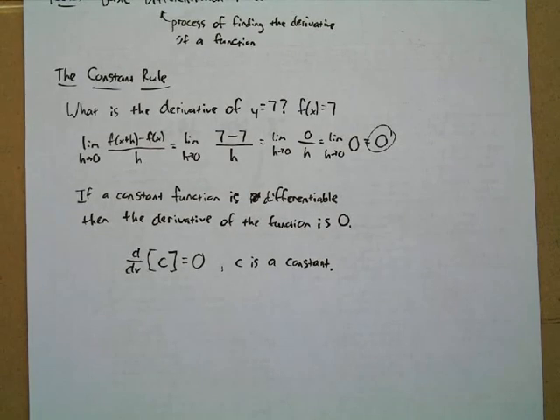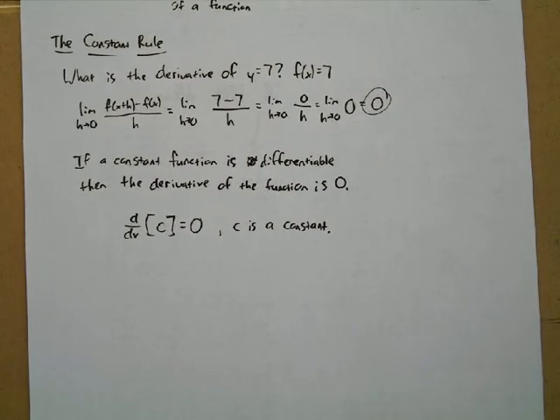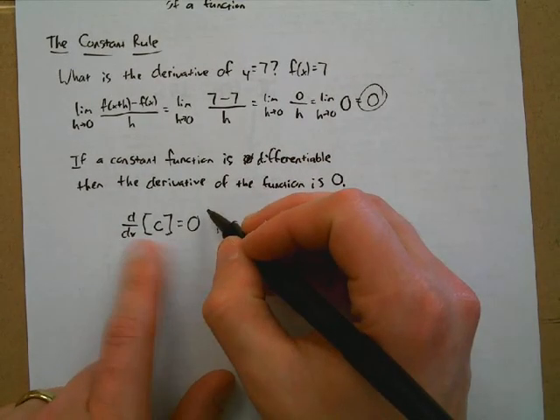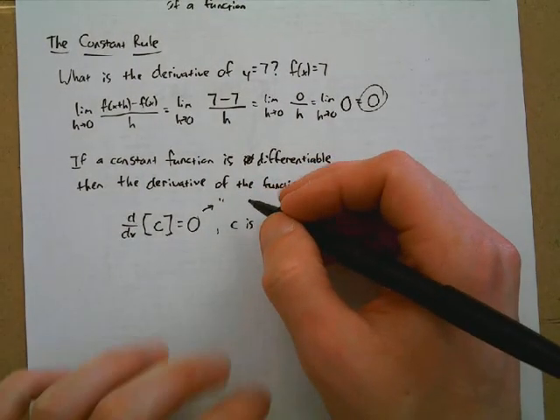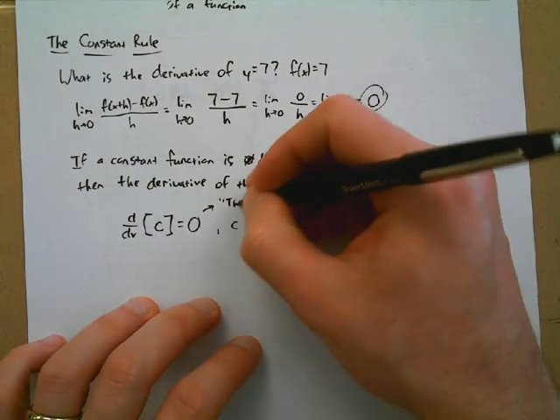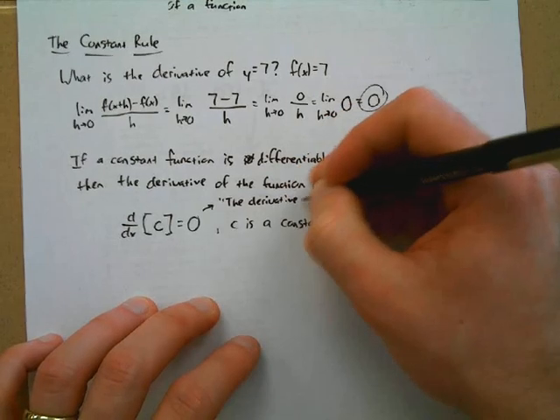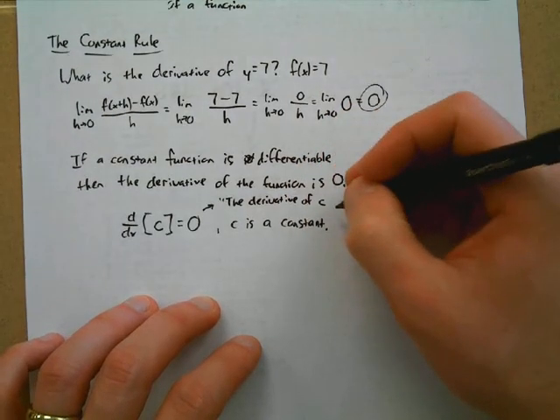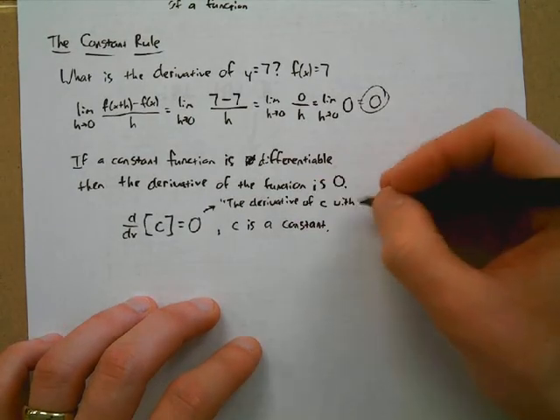This little statement right here is read as, well, one way you can read it is the derivative of c with respect to x is 0.